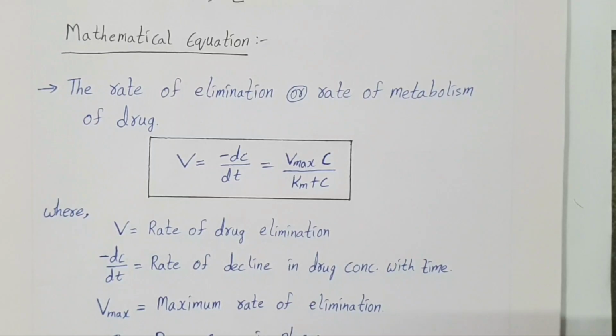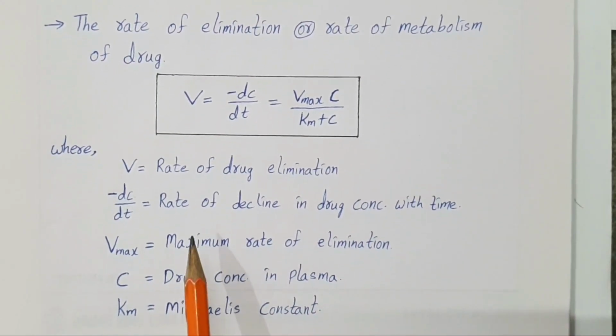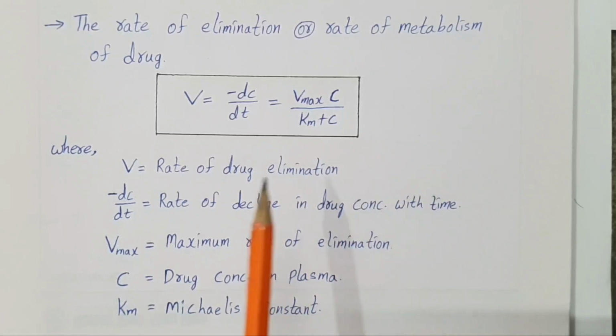Now comes the equation part. This right here shows how fast the drug is metabolized at any concentration. So the equation is V equals minus dC by dt, which equals Vmax C divided by Km plus C, where V is the rate of drug elimination or metabolism.